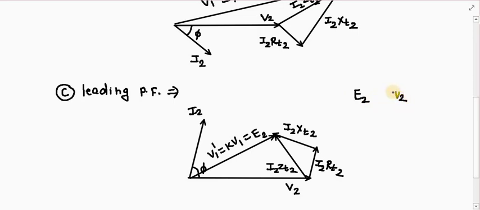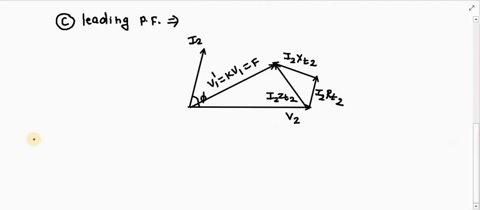So the numerical difference between the values of the secondary terminal voltage on no load and with full load is very important for us, and it is known as inherent regulation of the transformer. So students, let us see what is the regulation of the transformer.